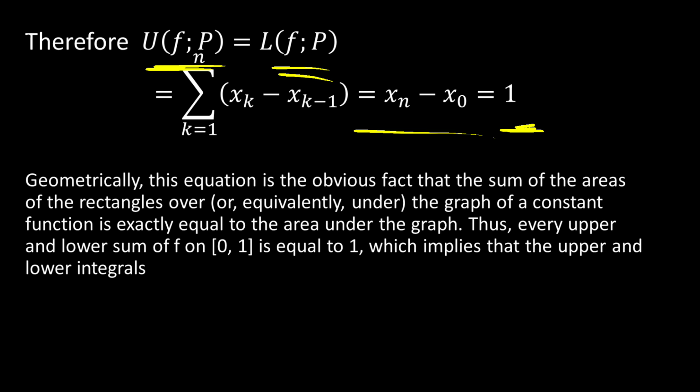Geometrically, this is the obvious fact that the sum of areas of rectangles over, which is equivalent to under, the graph of the constant function is exactly equal to the area of the graph.